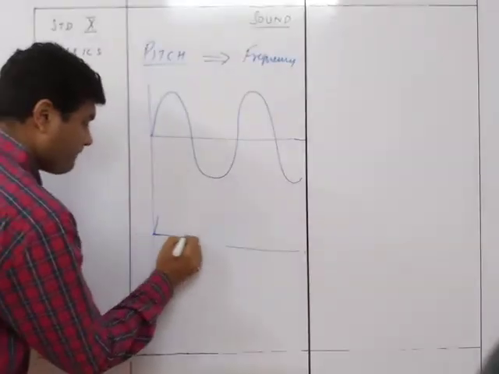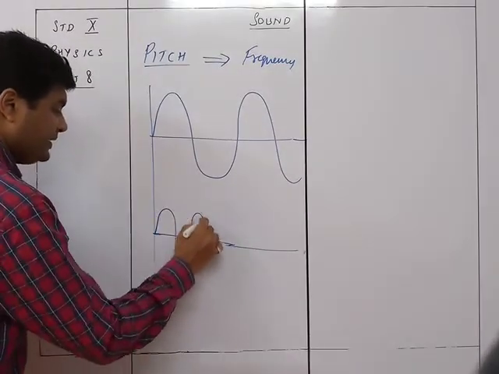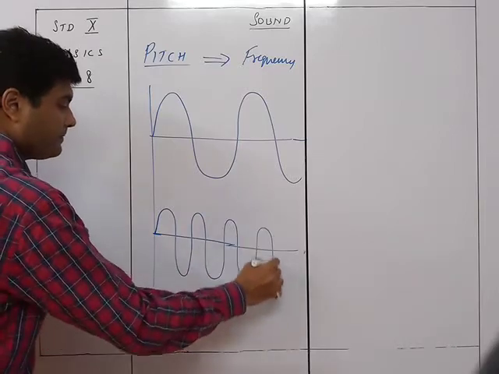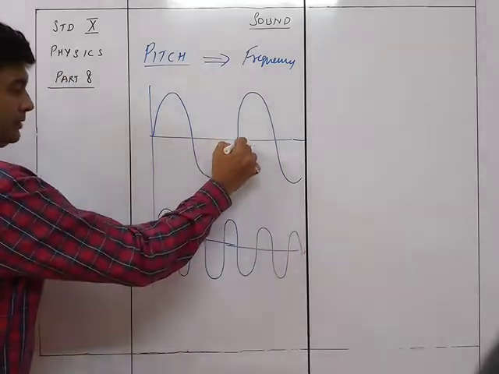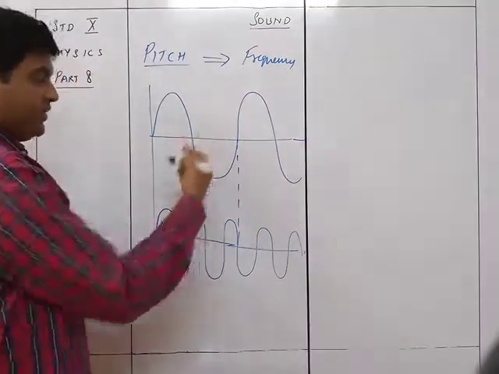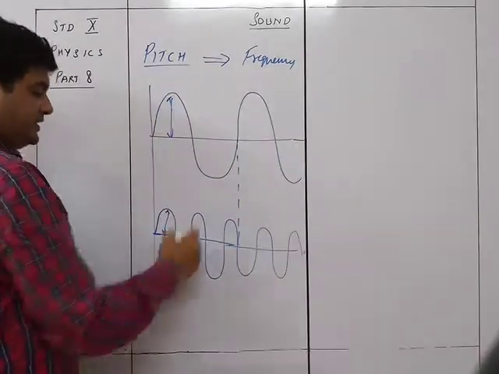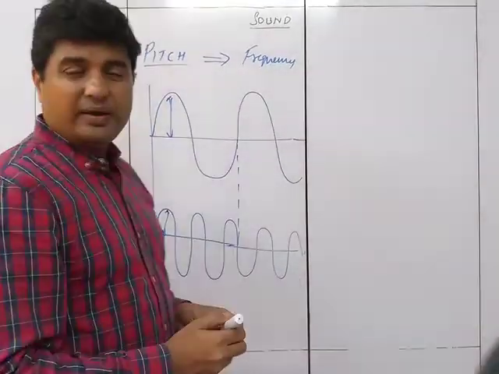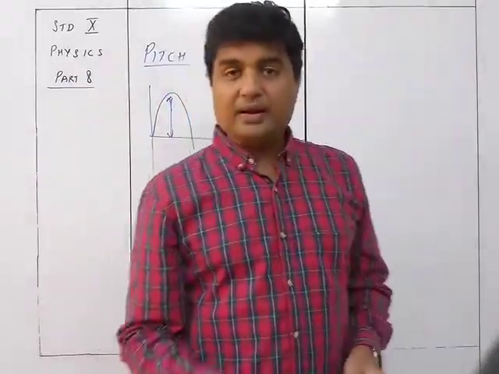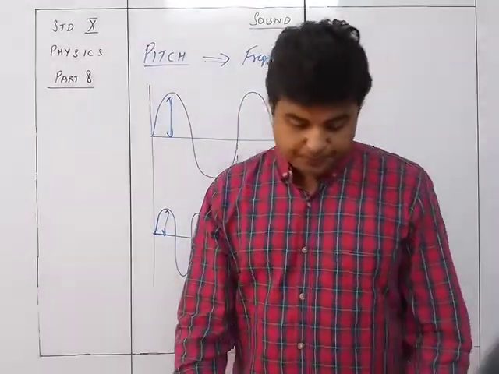you can see the frequency is more in this case, whereas the frequency over here is less, but the amplitude is the same. Then this is called a high pitch, and this is called a low pitch.